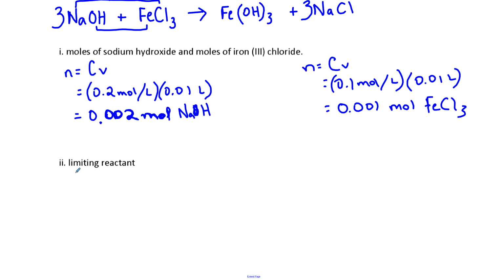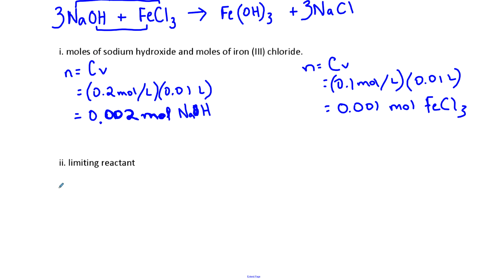The way you can figure out which one is the limiting reactant is to convert both reactants into an amount of product, and then compare the two amounts of product to see which one produces the lower amount. The limiting reactant will always produce the lower amount. The important thing is that you convert to the same product.